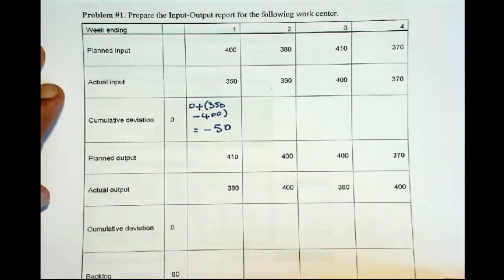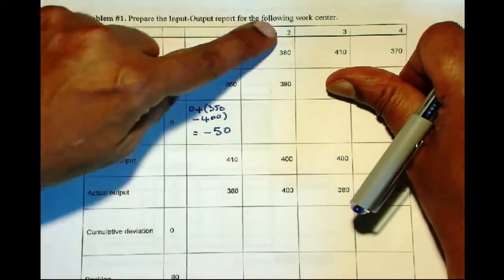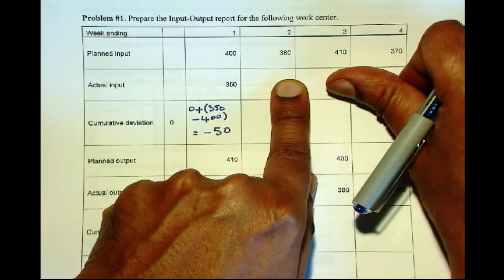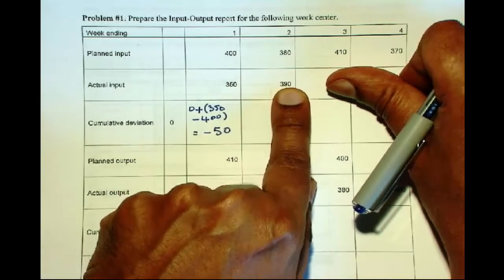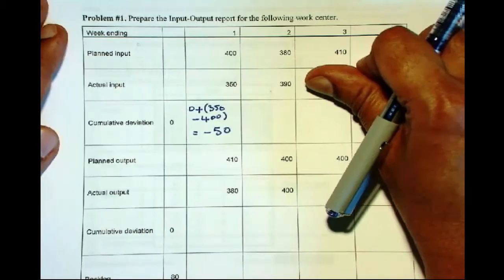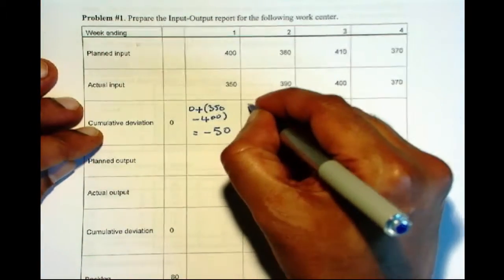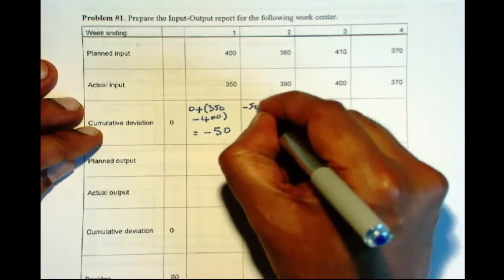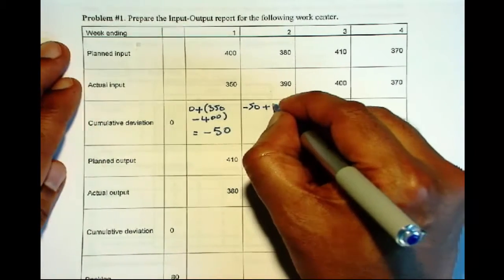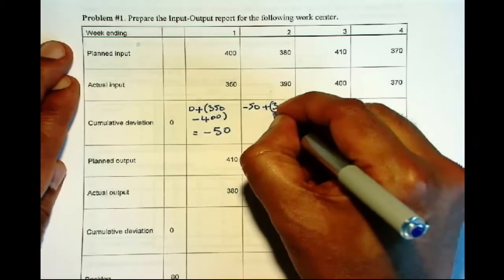So continuing to week 2, at the beginning we have 380 planned for week 2. At the end of the week we have 390 as the actual input. So the cumulative deviation is minus 50 plus 390 minus 380.